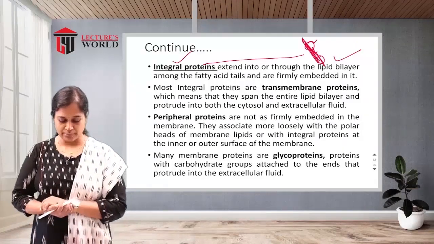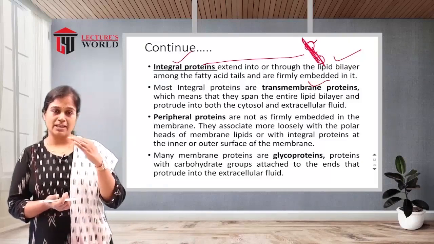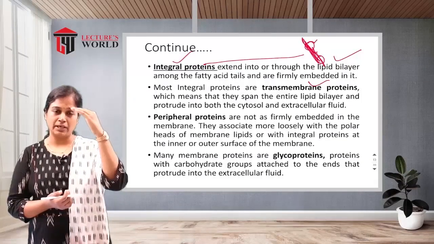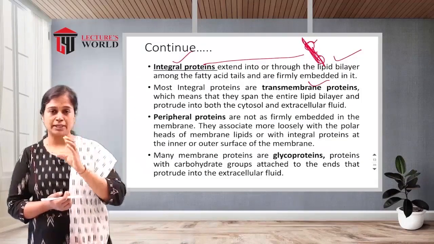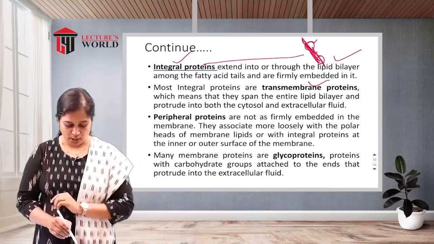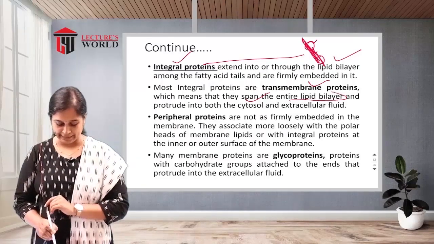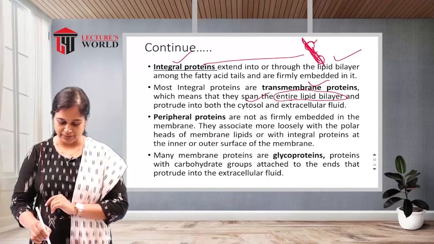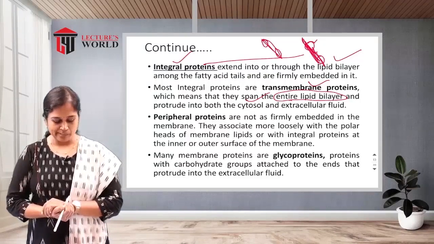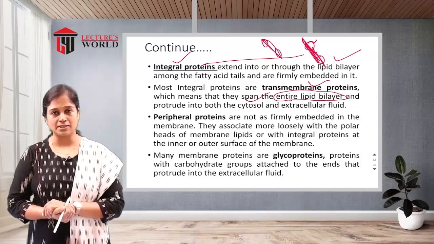Most integral proteins are transmembrane proteins. So why is it a transmembrane protein? Because it passes from one layer to the other layer through the tails part as well. So it is called a transmembrane protein, which means it spans the entire lipid bilayer. That means it passes through the entire lipid bilayer and protrudes into both the cytosol and the extracellular fluid.